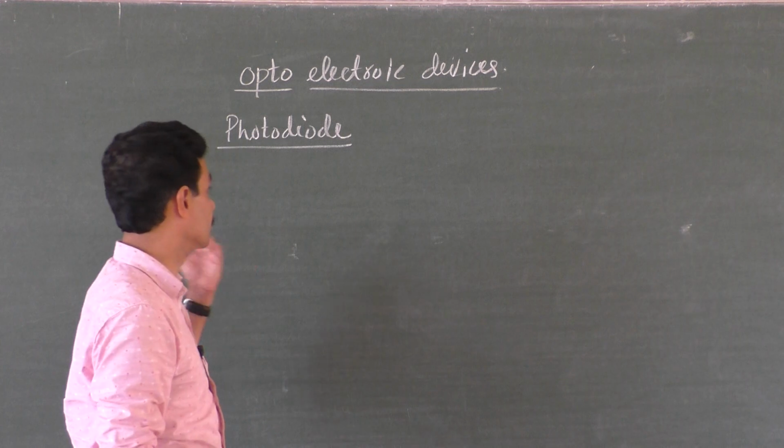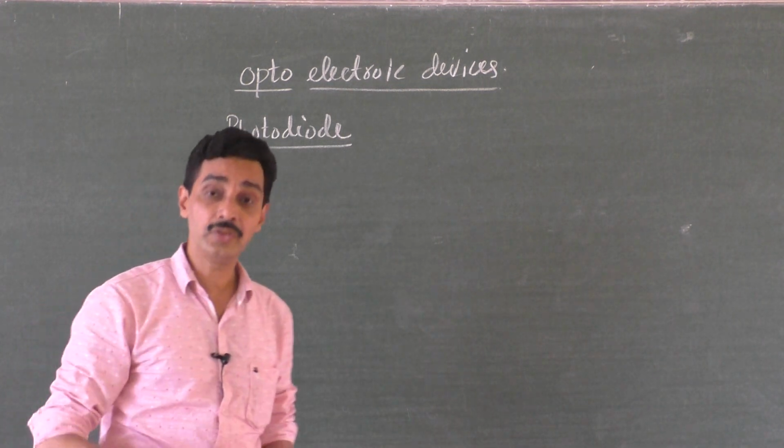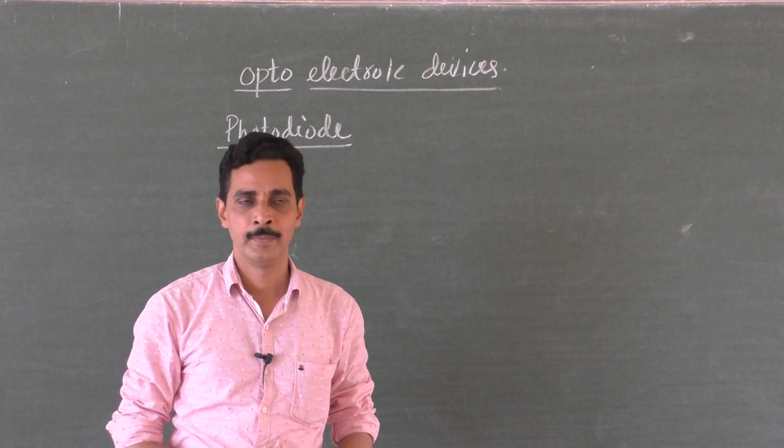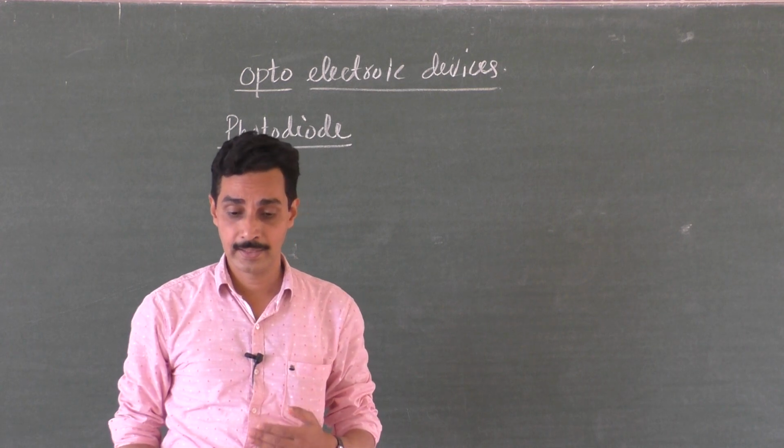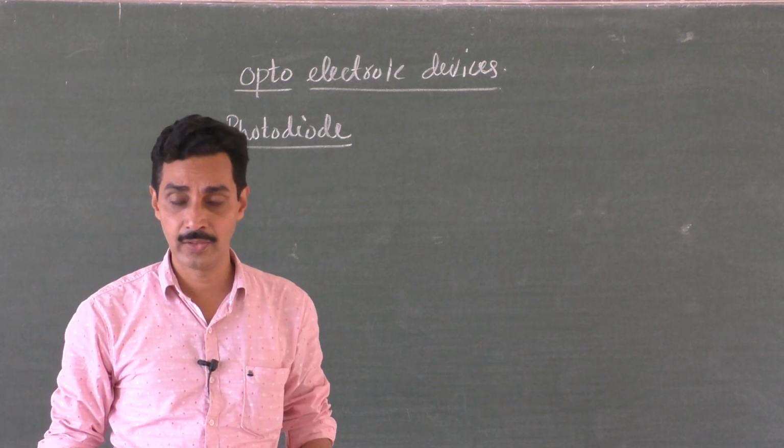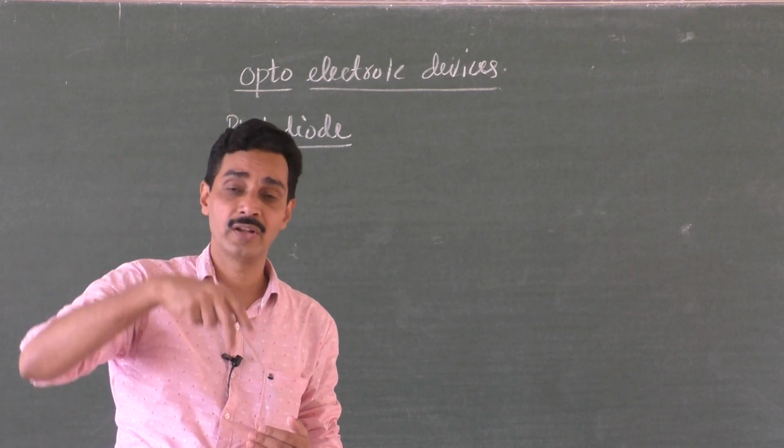Now here comes one more diode called photodiode, which is also used in reverse bias, and it is a special diode where light is made to fall on the junction.